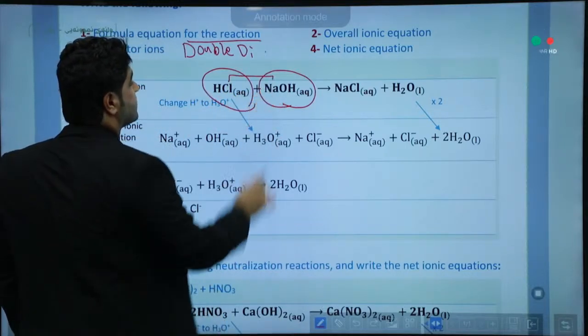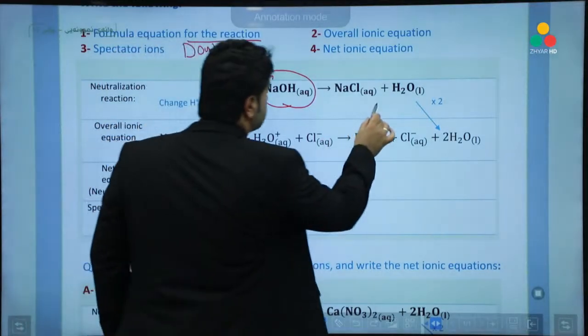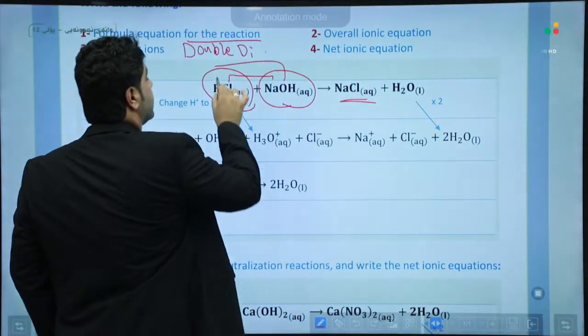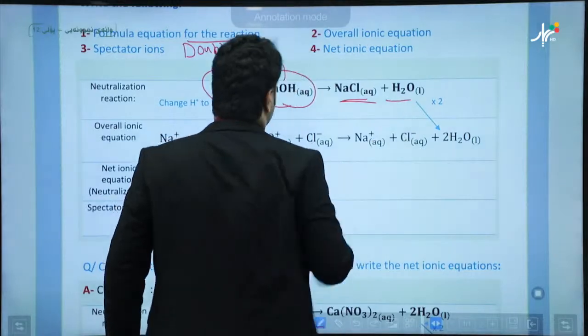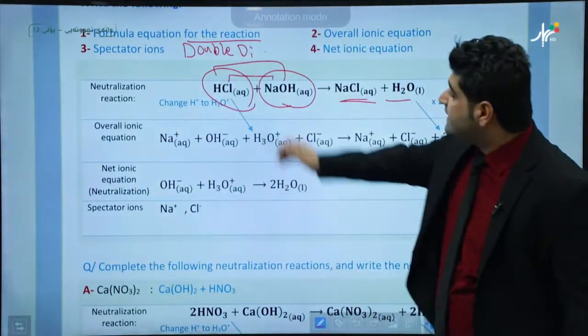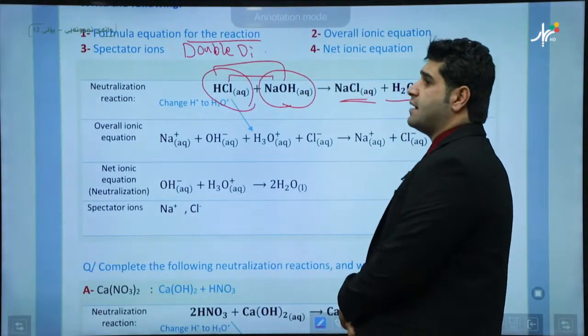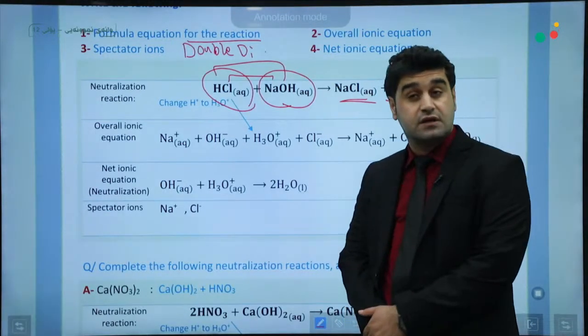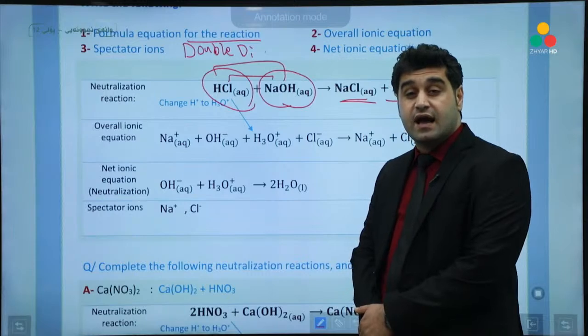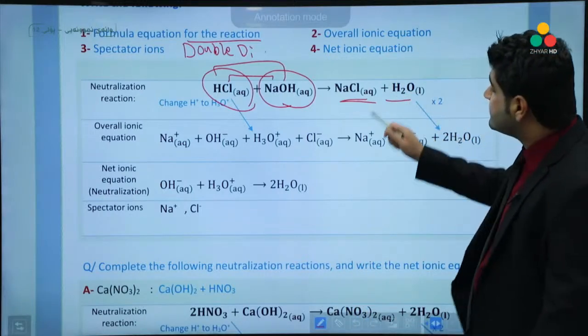Na with Cl to produce salt. OH with H to produce H2O. Teacher, we have acid and base together. If we have a reaction between acid and base, it's a neutralization reaction. So we should get water and the salt.